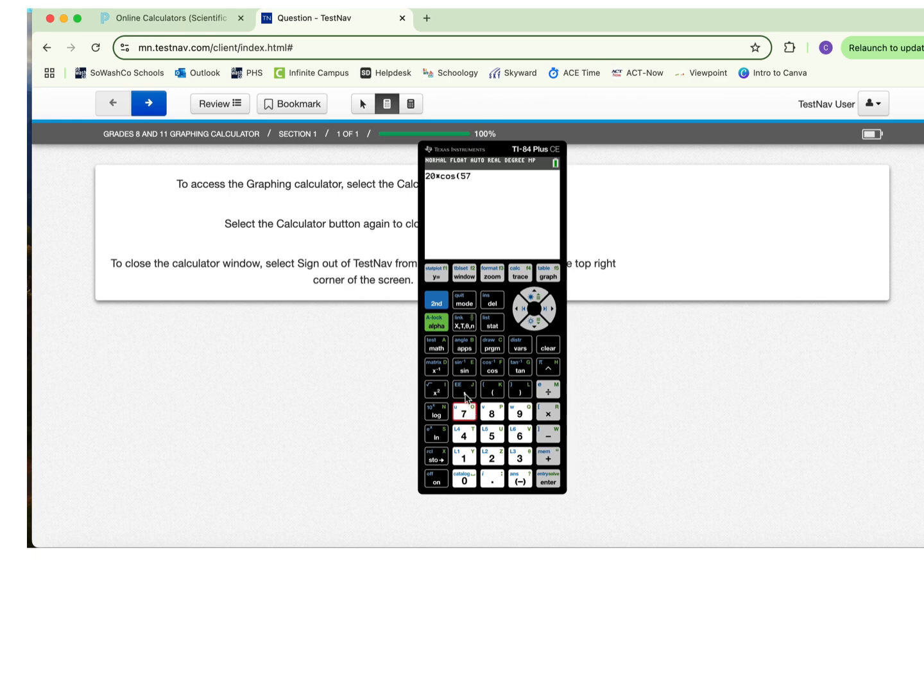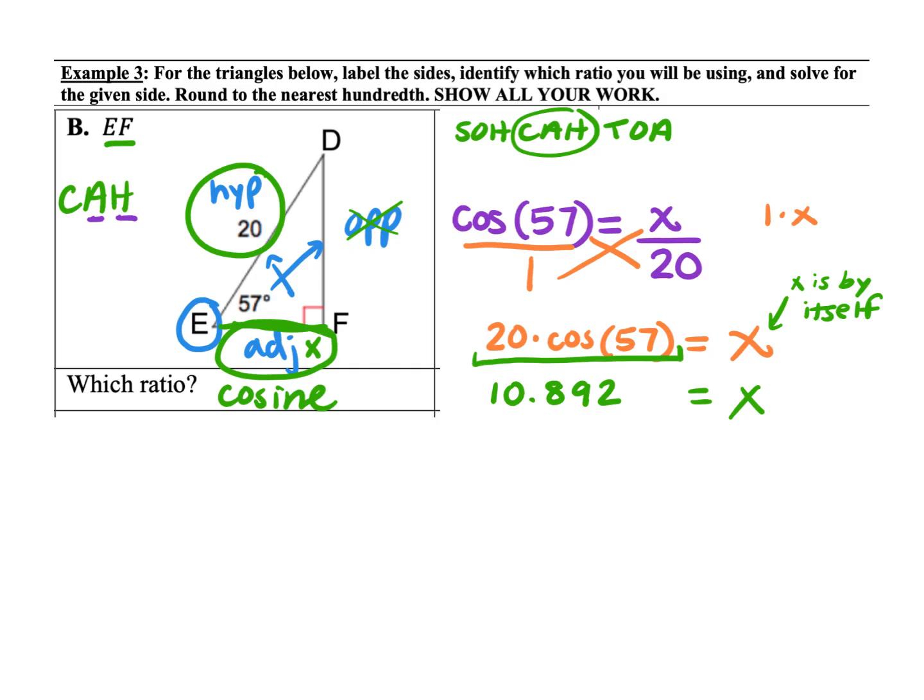So 20 times cosine 57, close your parenthesis, hit enter, and there is our value, 10.892. So that is what we got from our calculator.